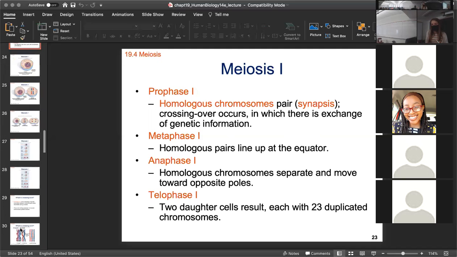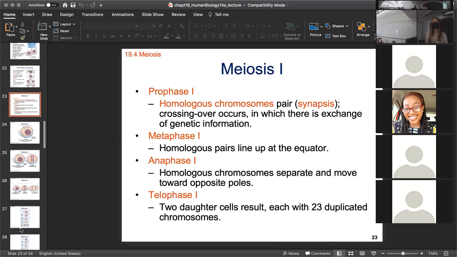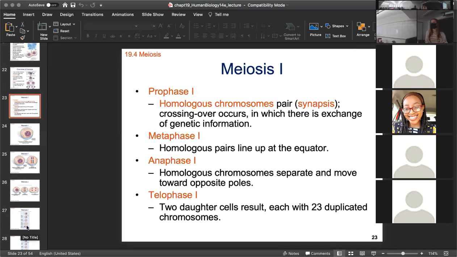Do we have a slide about crossing over? Yes, we do, in a couple of slides. So hang on to your seats, and we'll talk about what crossing over is. It's where the exchange of genetic information happens. It's also where we get some variety in our DNA, which is how you look different than a sibling, or how you honestly have a little bit of DNA different than a twin sometimes.